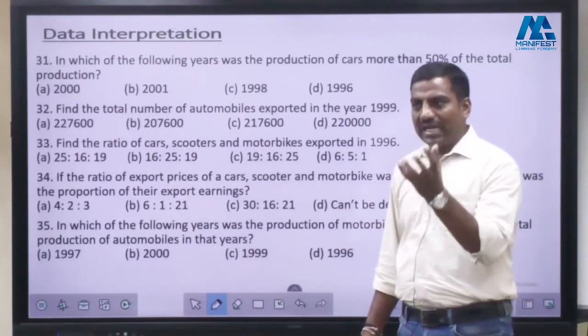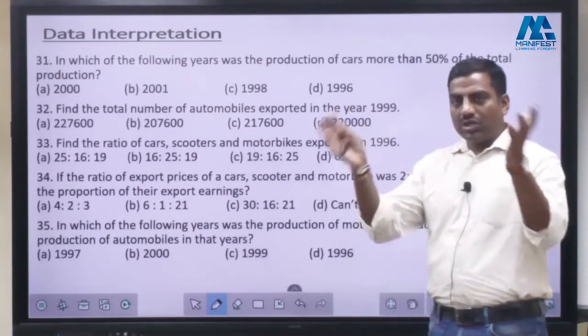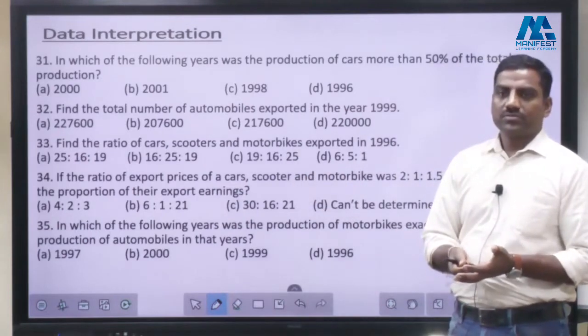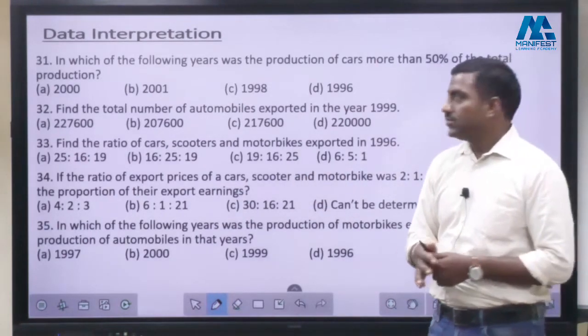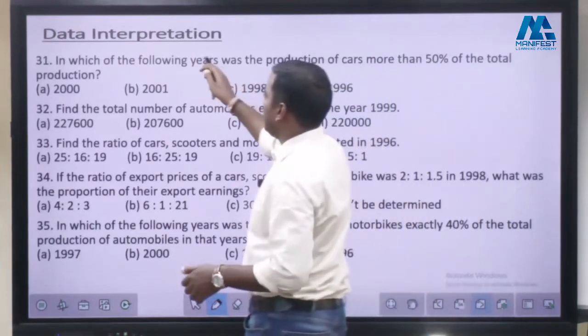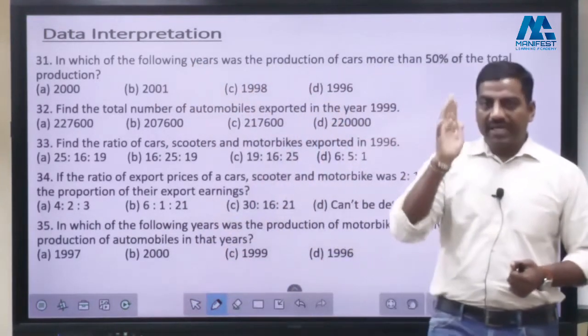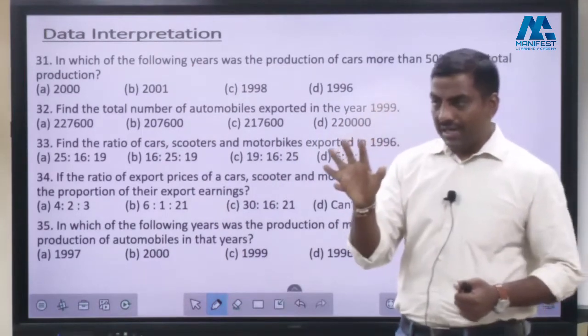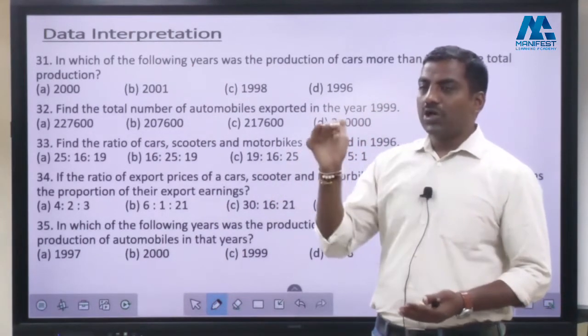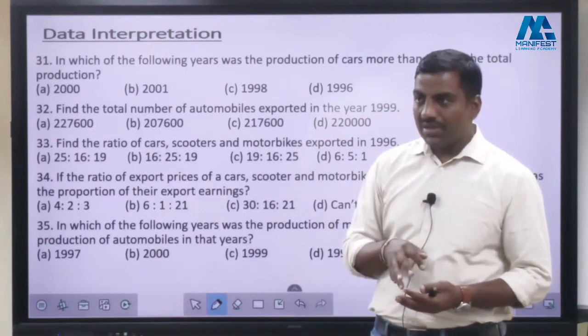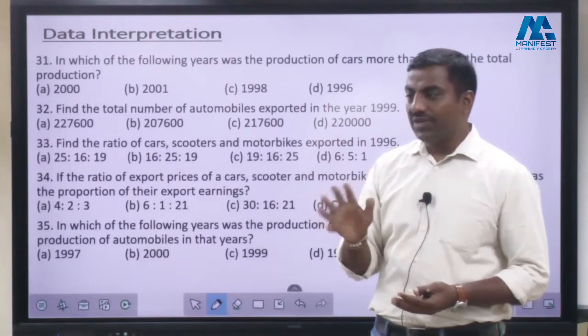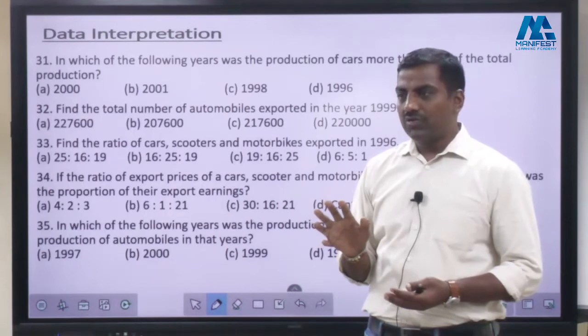First you have to calculate the cars, then we have to see the total number of vehicles in that year, right? They are focusing on year. In which of the following years? So I have to find one year where, let's say, the total production of the vehicles is 100. Cars production should be more than 50. That is what we have to understand.